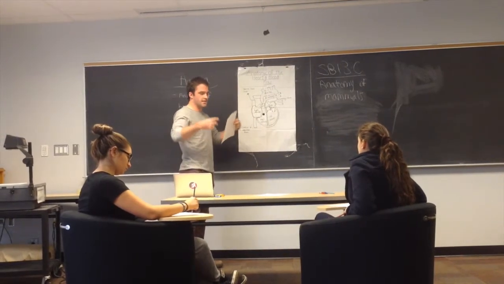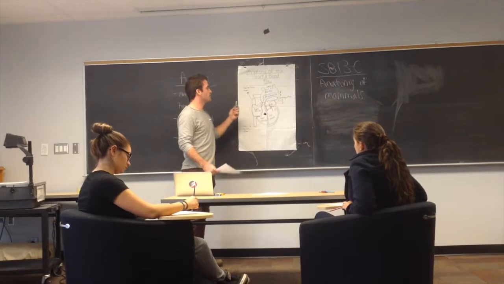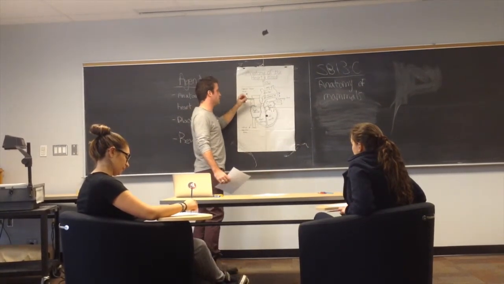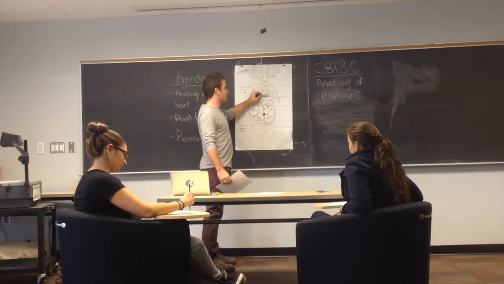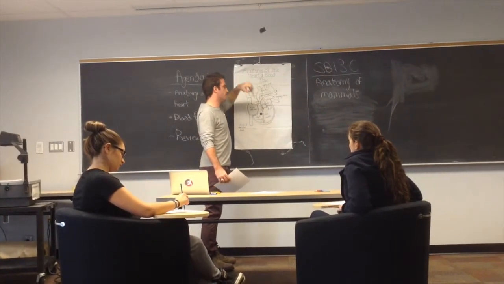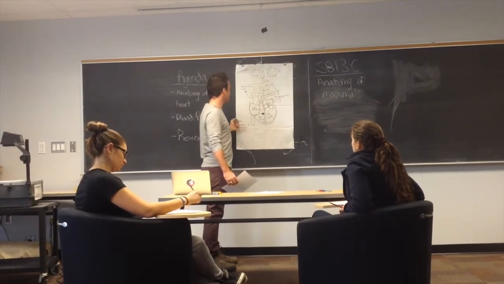So anything that's after the heart that has to do with the body, whereas the pulmonary system has to do with the lungs. And what we'll see later when we discuss blood flow is that the pulmonary artery carries deoxygenated blood, and the pulmonary veins carry oxygenated, which is the complete opposite.